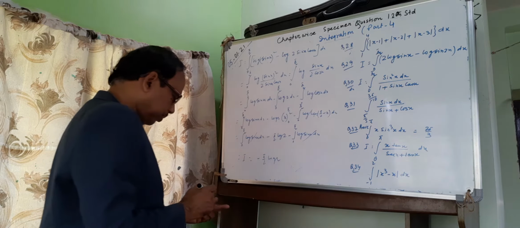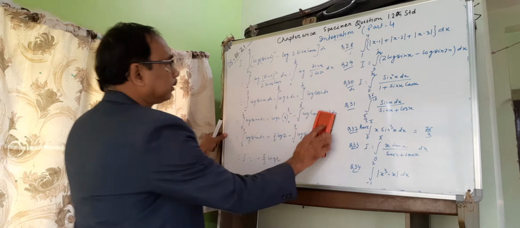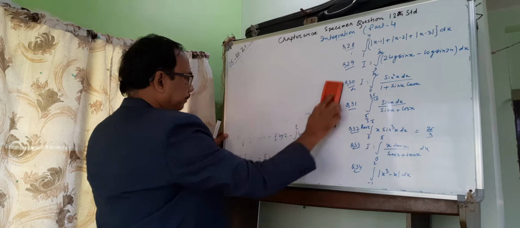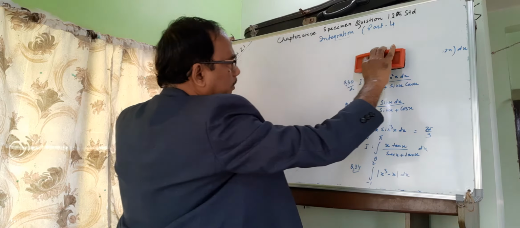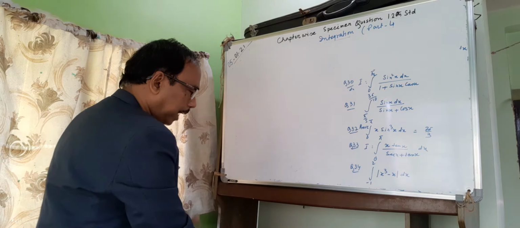Then question number 30. Question number 30 is sine square.